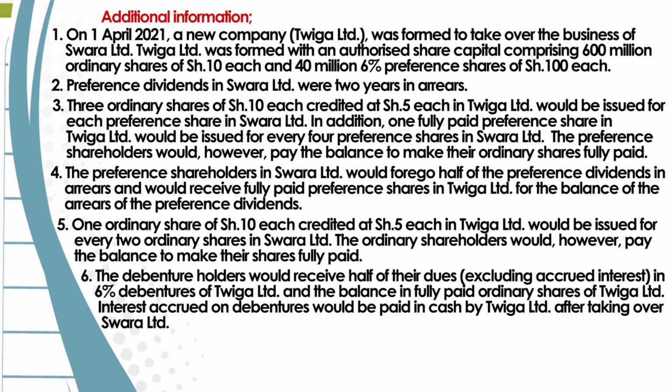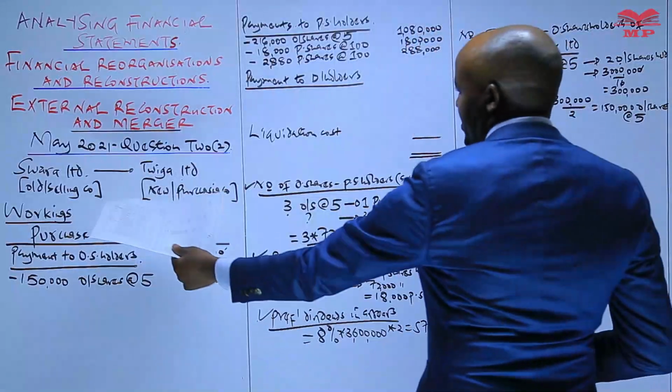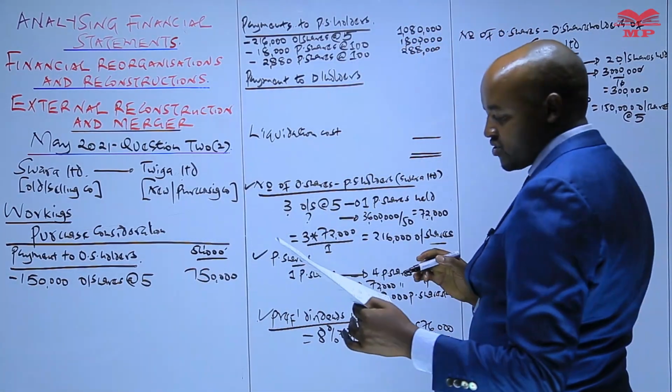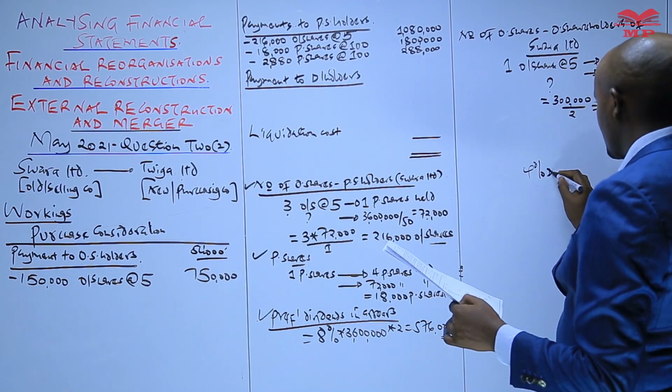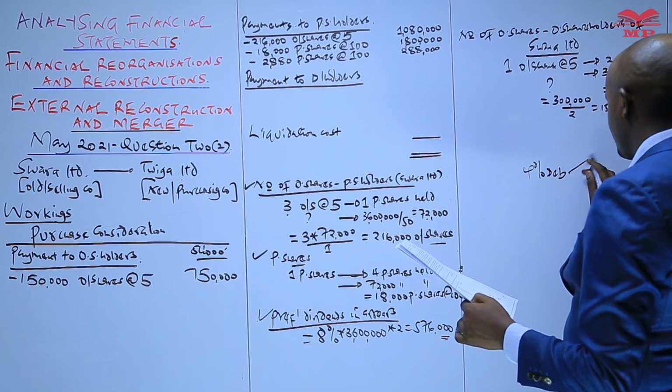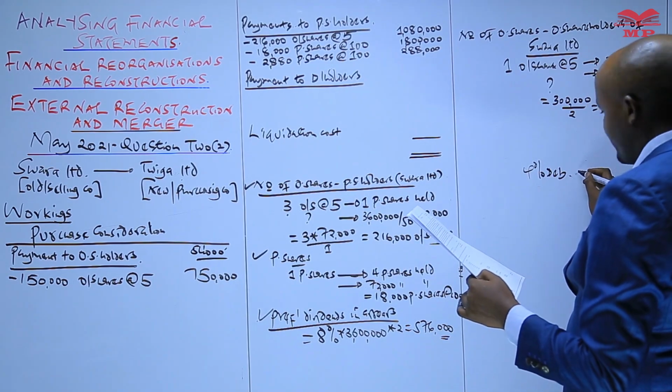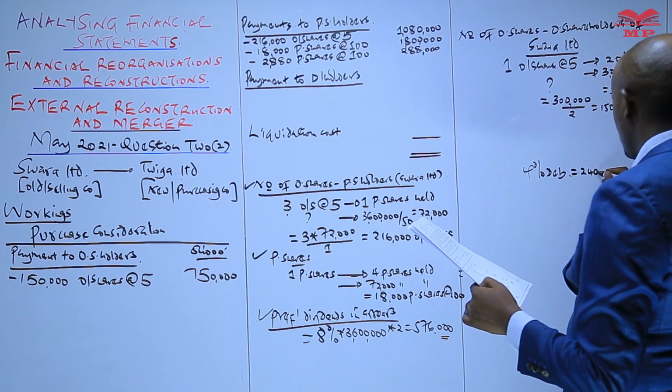So basically what we know is that Swara, from its statement of financial position, had issued 4% debentures with a value of 2.4 million.